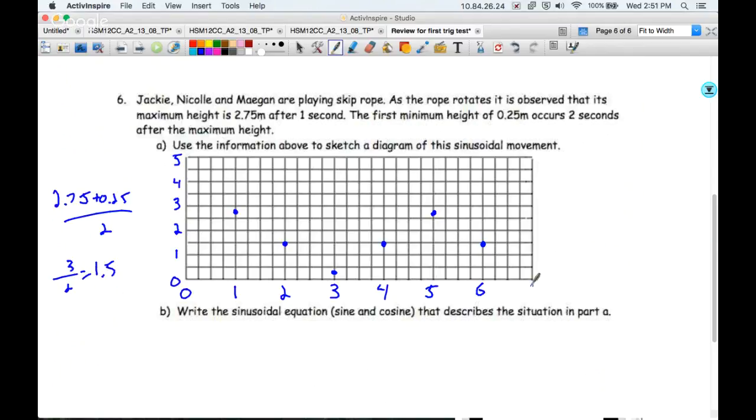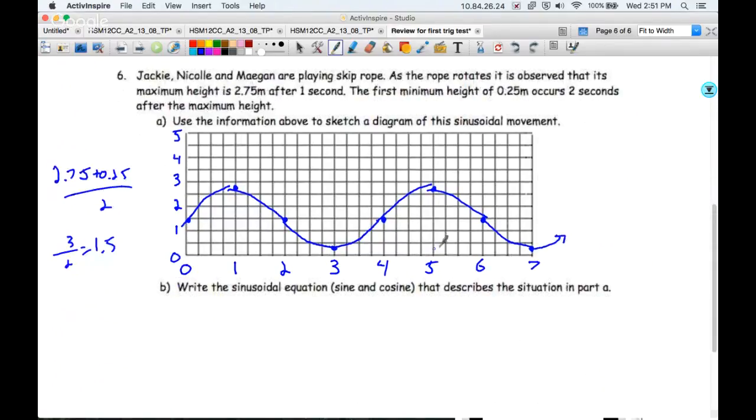And after 7, we're at a minimum again. And if we go back a second, we should be back at that midpoint. All right, it's a pretty decent graph. Few wonky sections, but that's all right.